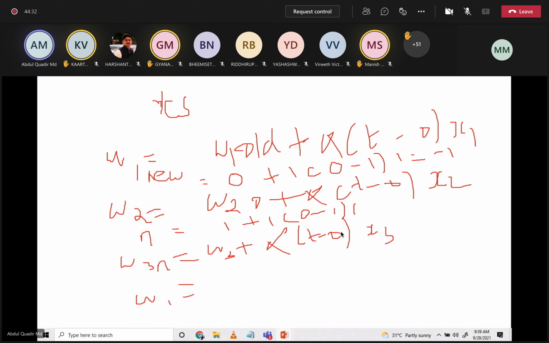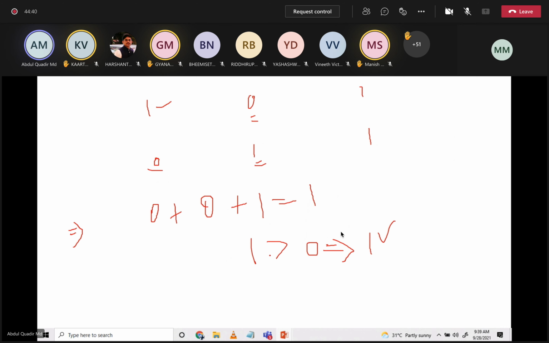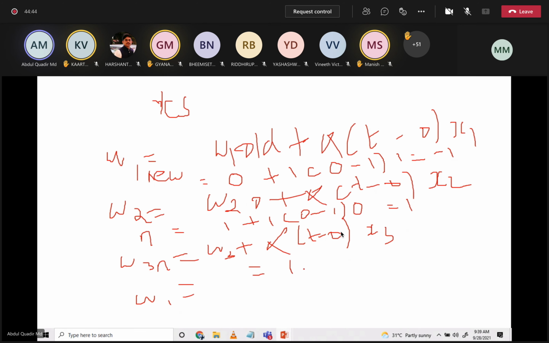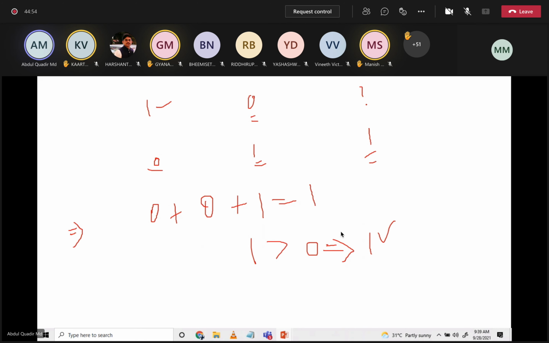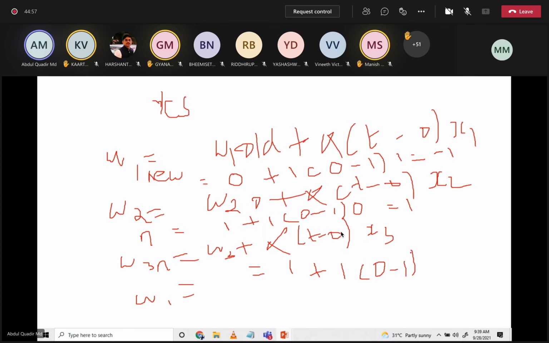So we get 1, because 0 into anything is 0, plus 1 is 1. Now W3 old is 1, plus alpha given as 1, into target output 0 minus what we have got, 1, into x3. That's 1.